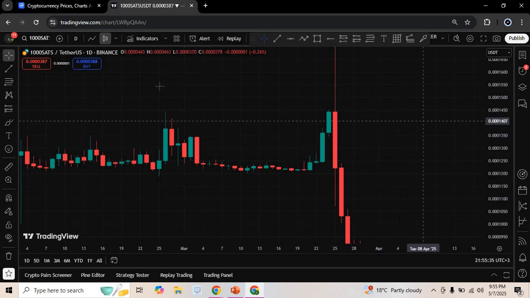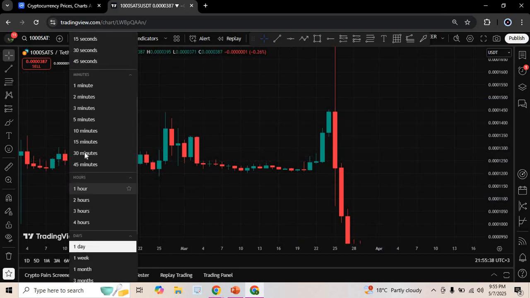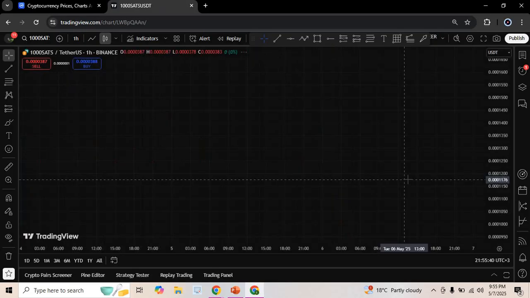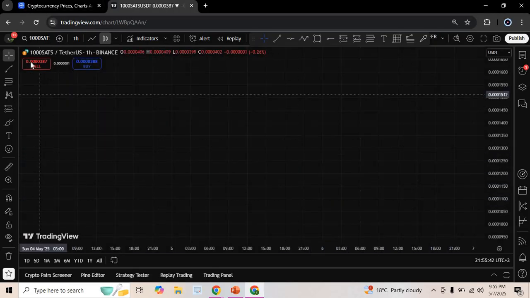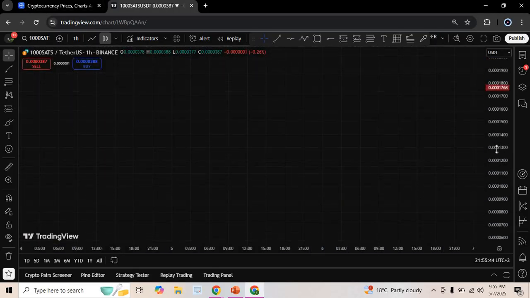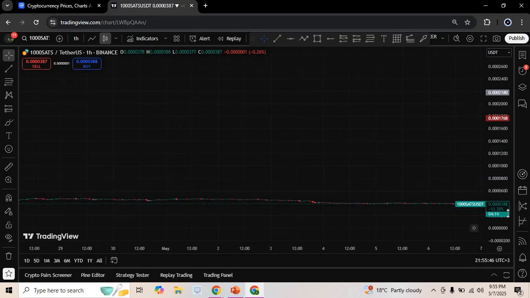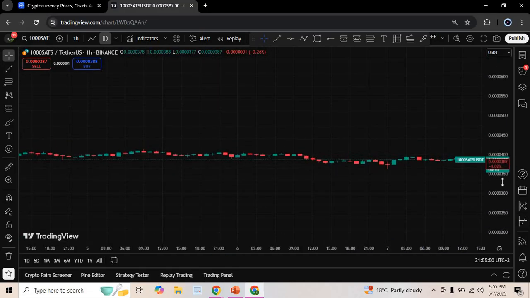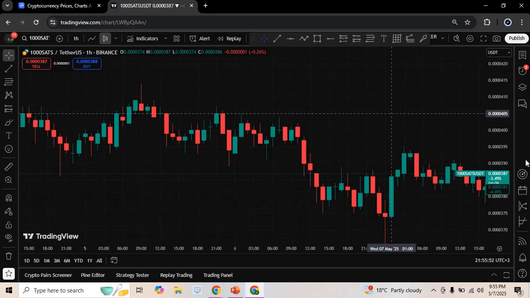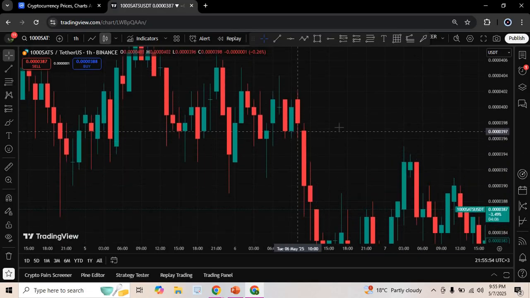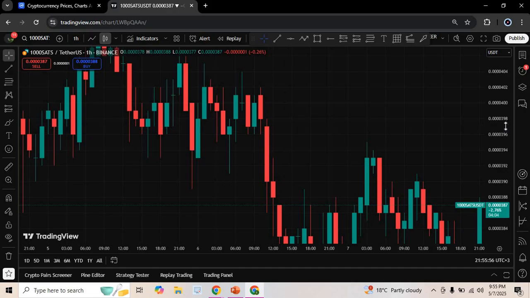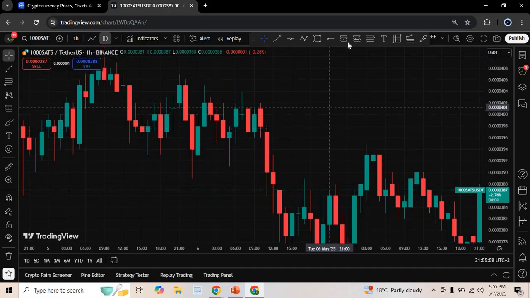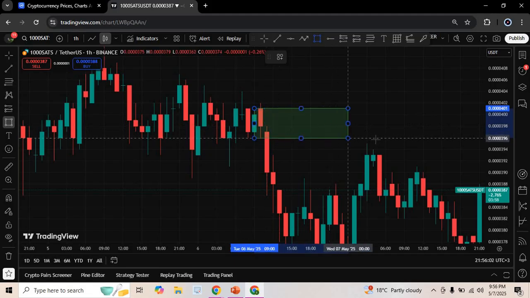For example, maybe you don't know, let me move to a lower time frame like 1 hour. Let me zoom out my candles. In the 1 hour time frame, we're going to look at these things over the course of this week. So this is what you call a bearish order block.